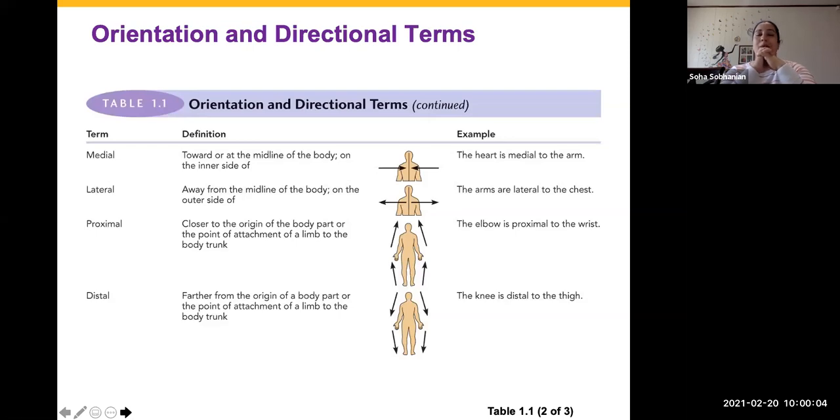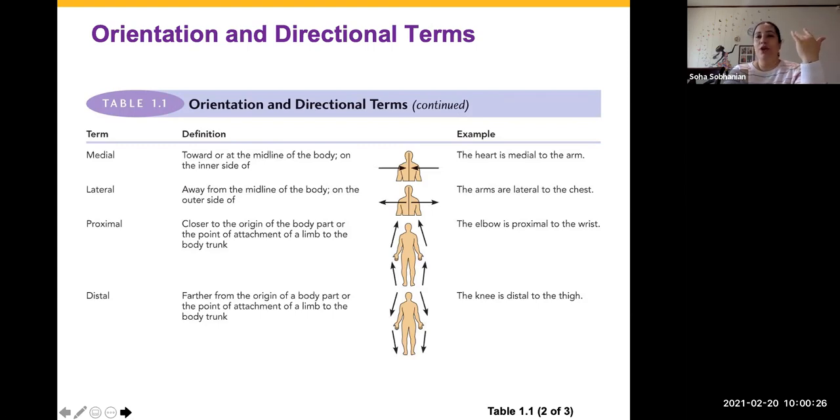So let's say I want to compare the relationship of my wrist versus my fingers. The point of attachment that both my wrist and my fingers share is my elbow, right? That's the point of attachment that both of these share.